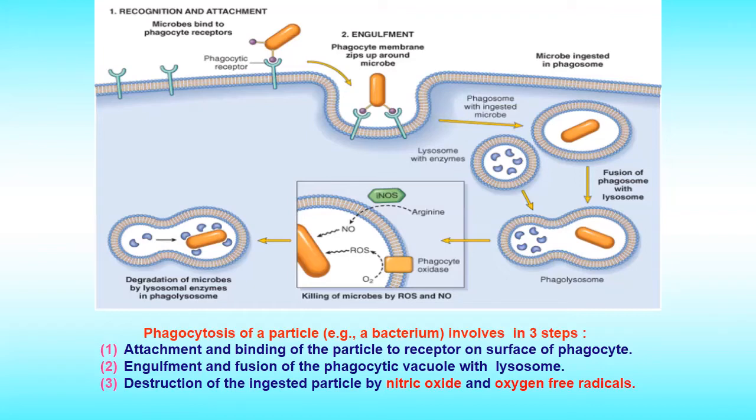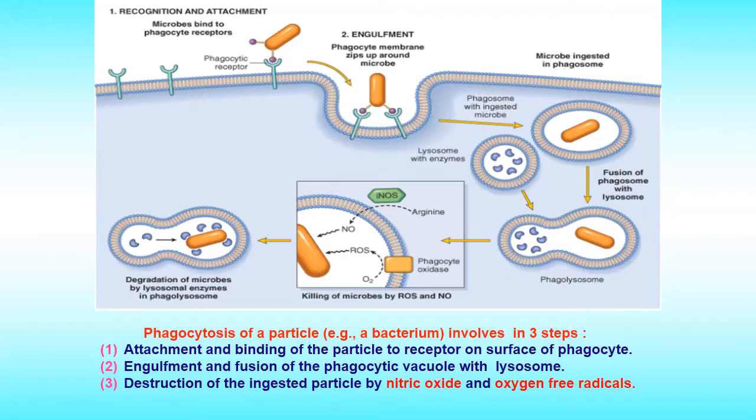The second step is engulfment of the microbe, bacterium or particle by formation of cytoplasmic pseudopods around it. Then formation of a phagosome with the ingested microbe within the cytoplasm of the phagocyte.